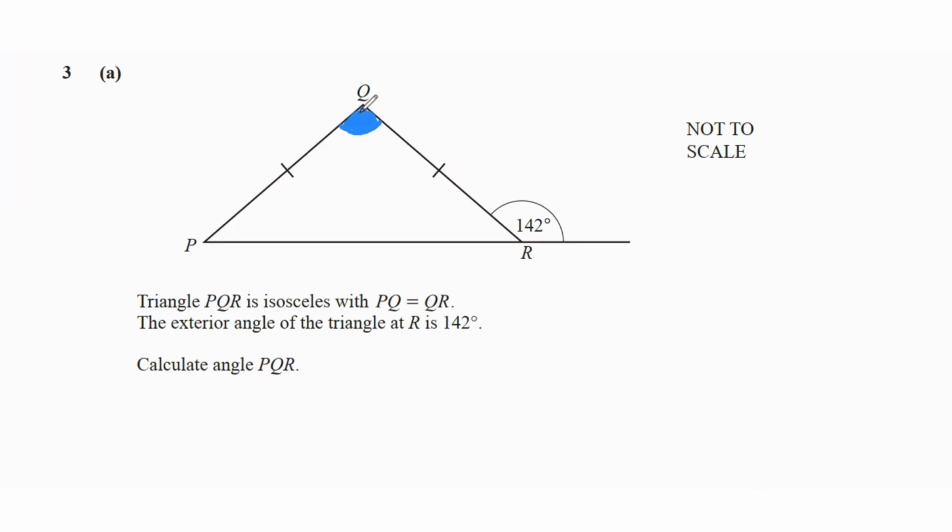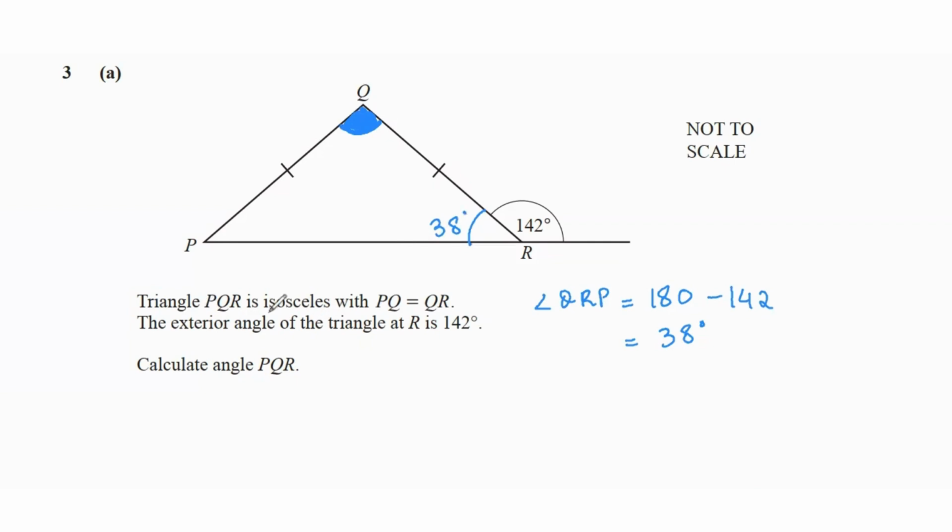So what we're going to do over here is begin with first finding this angle. Angle QRP is going to be 180 minus 142 because these two are supplementary. So 180 minus 142 is 38 degrees.